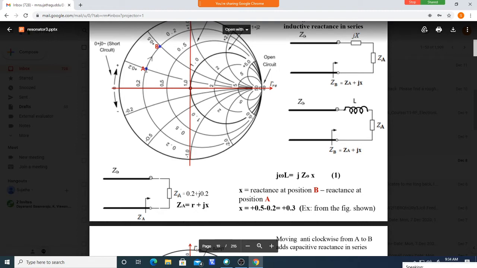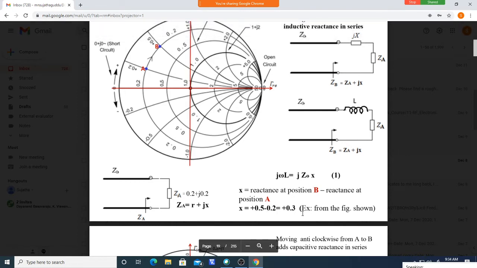How do you find the reactance at this position? You see which reactance circle is passing through this point. That is 0.2; I already told how to read. What is the reactance here? Along with the sign you should take it, so that is 0.5. So the answer is 0.5 minus 0.2, which is 0.3.